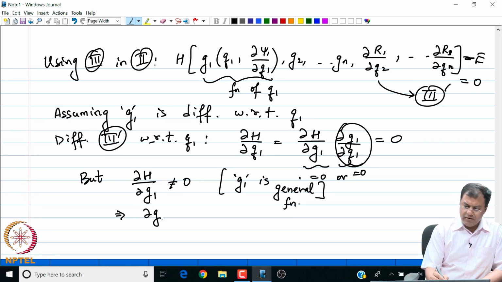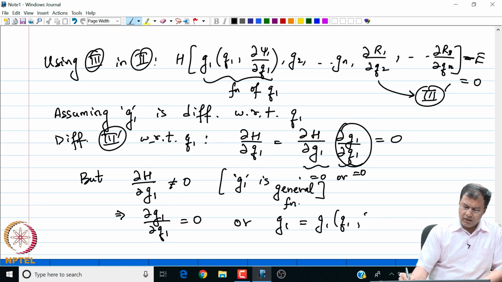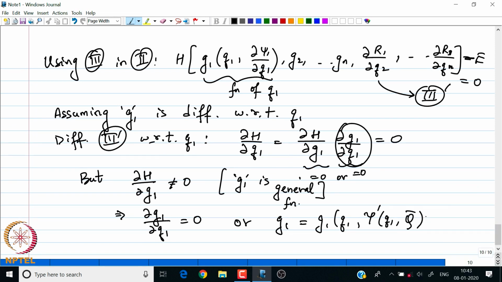that del G1 del Q1 is equal to 0, or my G1, which was a function of Q1, psi of Q1, psi prime of Q1, comma capital Q, right, is purely a function of the generalized coordinate capital Q, right, because we have already eliminated the dependence of Q1 on G1 through this argument, right.